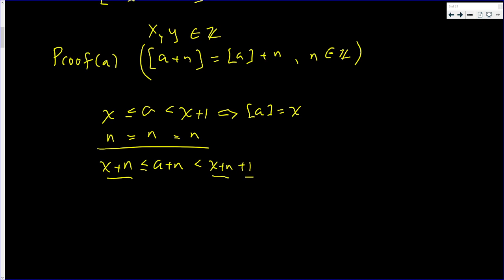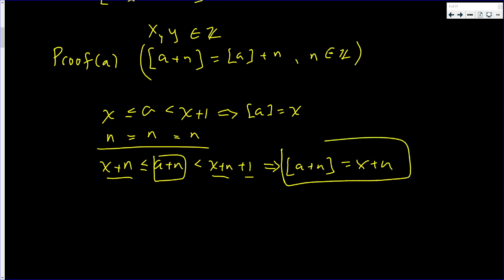You add them, you get an integer. That tells me that the greatest integer of a plus n is x plus n. But there it is, I have it. The greatest integer of a plus n is equal to x. Just remember, x is the greatest integer of a.